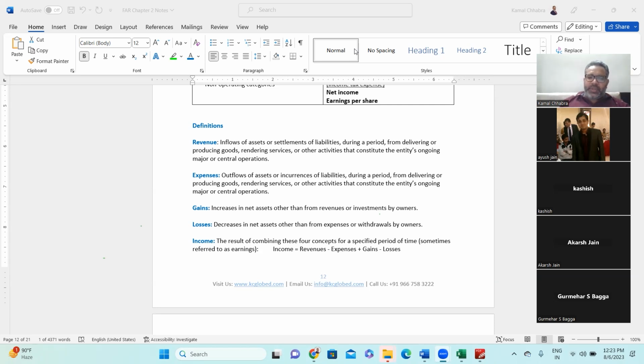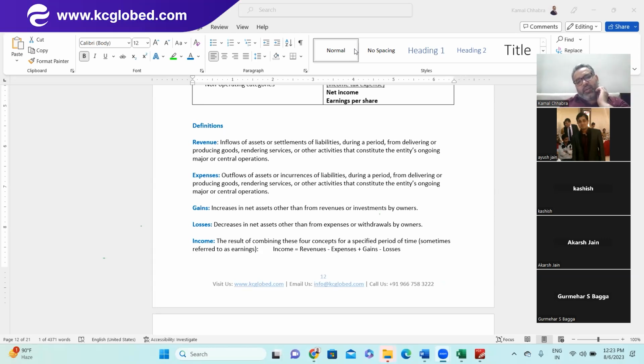Expenses are outflows of assets or incurrence of liabilities during the period from delivering or producing goods, rendering services, or other activities that constitute an entity's ongoing major or central operations. So what is the difference between expenses and losses?